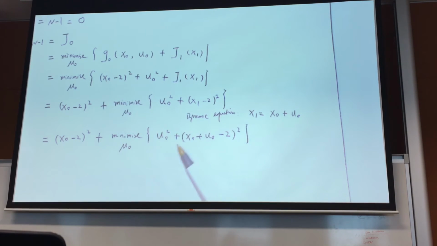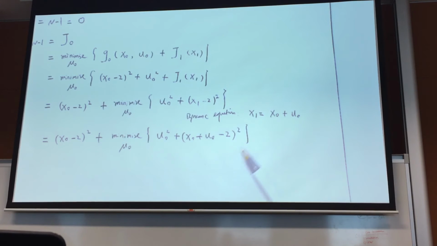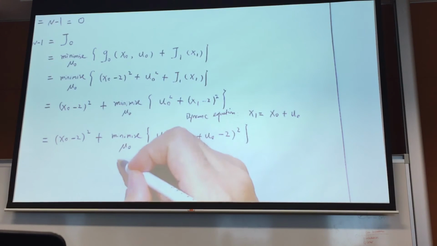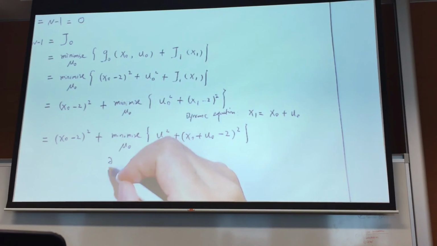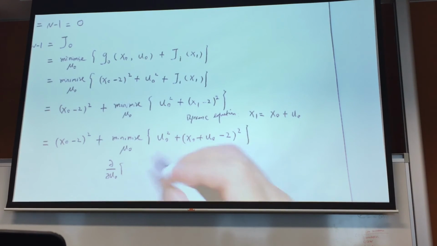We want to find the minimizing point for this function in terms of u0. The general solution for this problem is to calculate the derivative of this function in terms of u0.